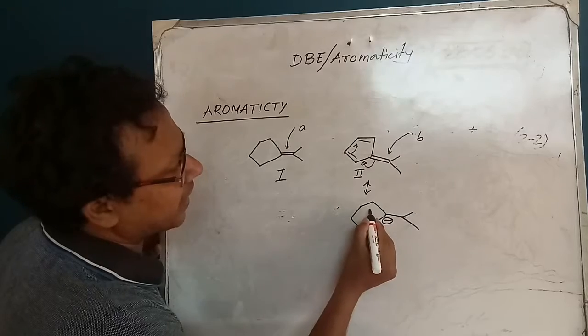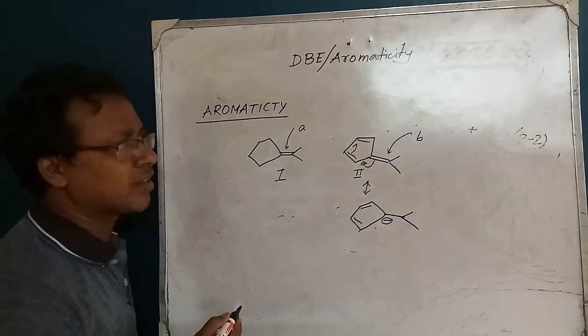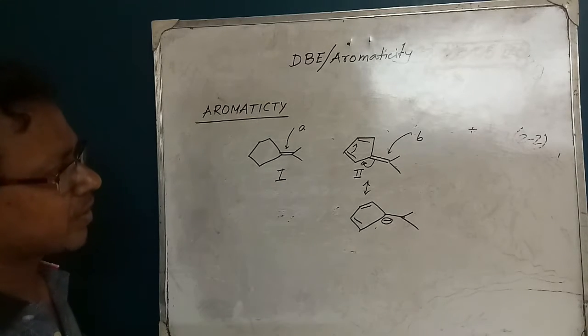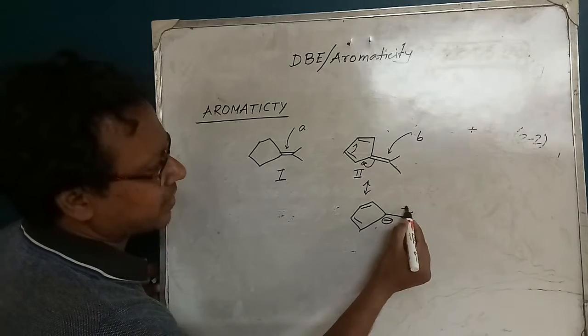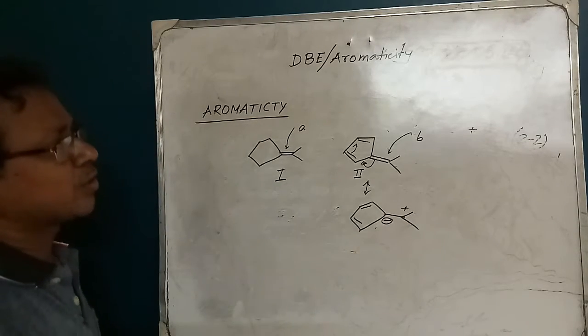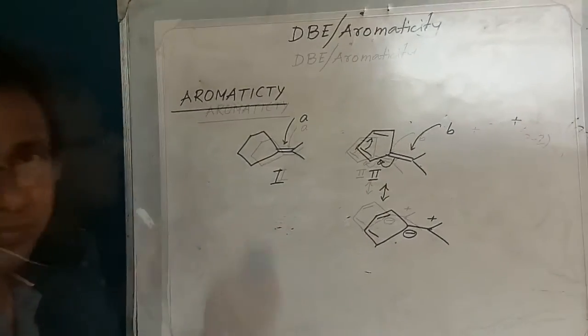Here it is a double bond. We have already found that it is a 6 electron system, hence it can easily donate this electron to make the compound more stable.